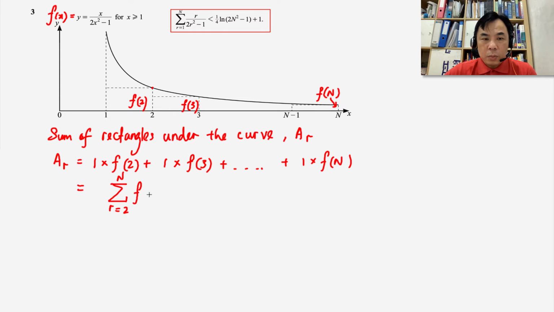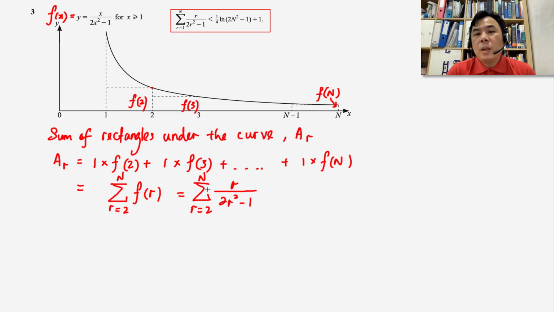And then I'm going to put in fr. f(x) is equal to this, therefore fr must be equal to r over 2r squared minus 1. So the sum goes from 2 until n there. That's what we have currently.